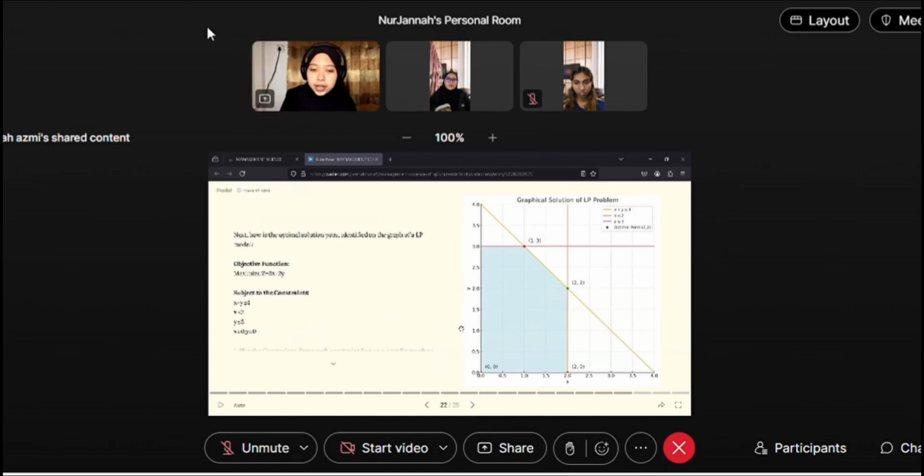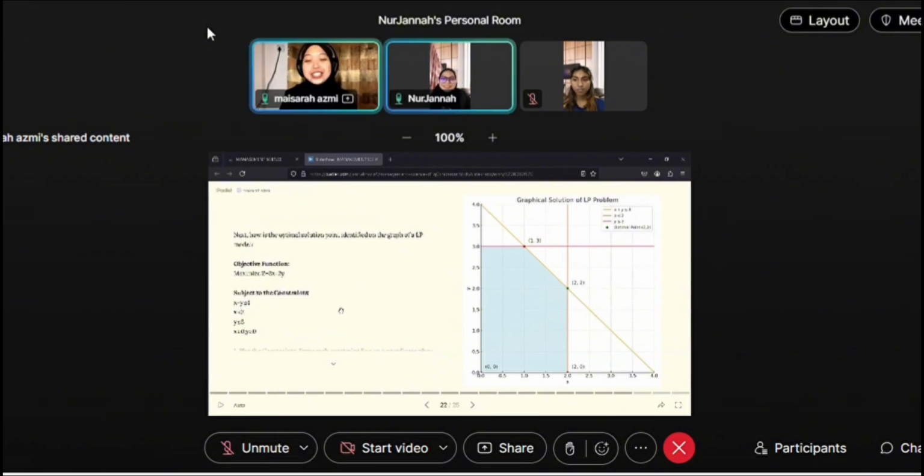And the fourth one at x = 3 and y = 1, z equals 3 multiplied by 3 plus 2 multiplied by 1, which equals 11. And the last one is at x = 2 and y = 2, z equals 3 multiplied by 2 plus 2 multiplied by 2, which equals 10.